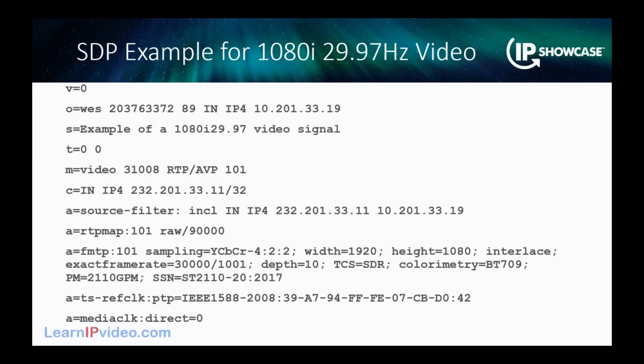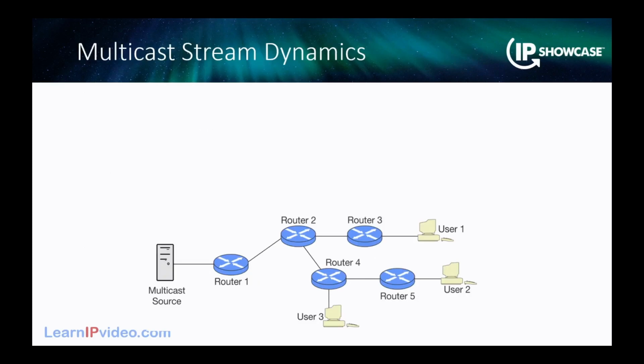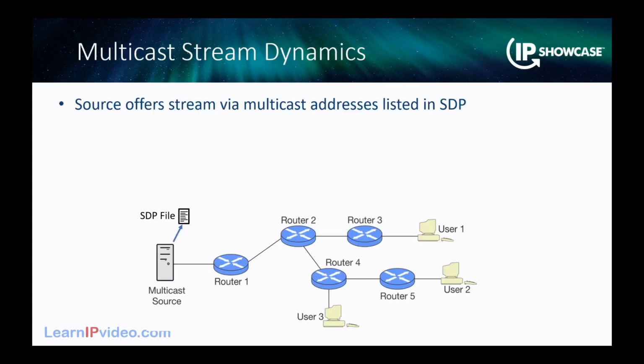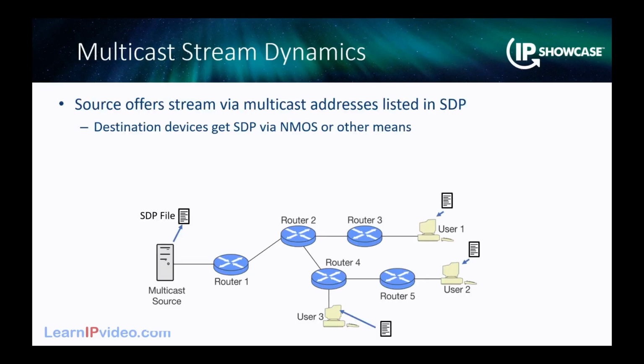The other thing that's important here is that it has the addresses that the signal is originating from up in the top line, the O statement, as well as the multicast address that it's going out on in the C line. That's important because what we do to make connections in 2110 is that we create an SDP file at the source, we communicate that to the destination devices, and they each get a copy of the SDP.